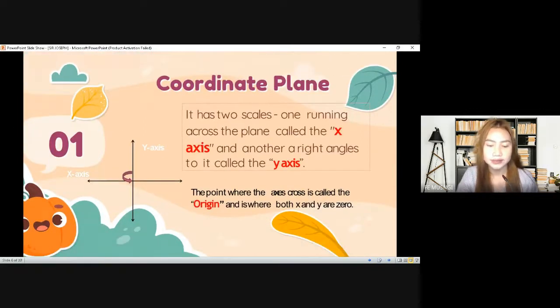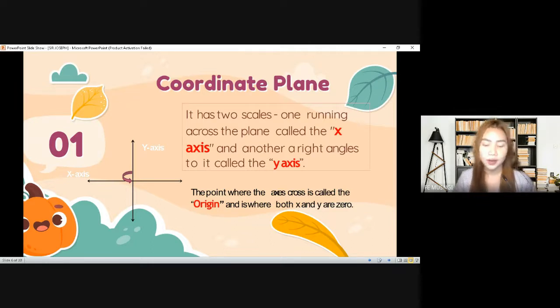Let's move now to the coordinate plane. The coordinate plane has two scales. One running across the plane is called the x-axis, and another at a right angle to it is called the y-axis. The point where the axes cross is called the origin, and it is where both x and y are zero.